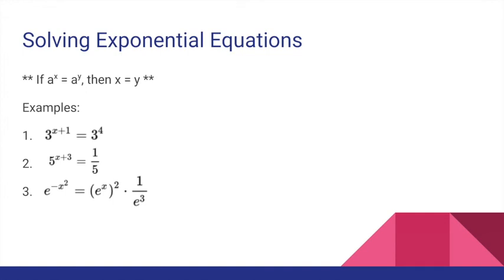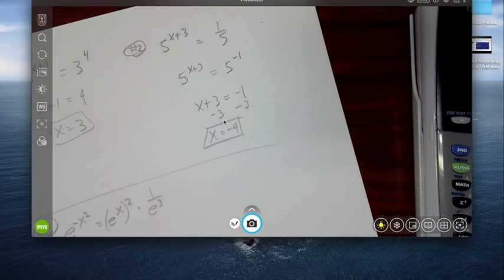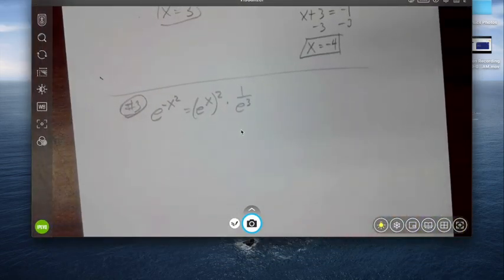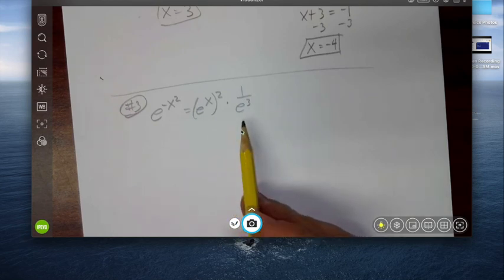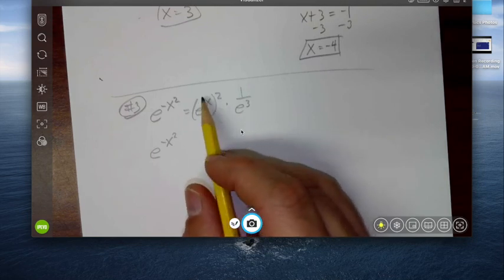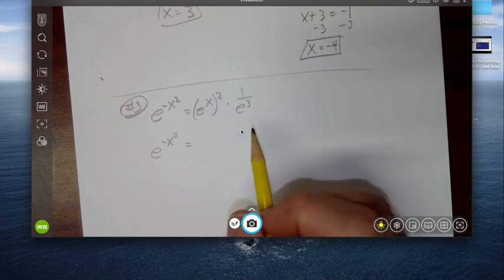e to the negative x squared equals e to the x squared times 1 over e cubed. So this one looks complicated, but it may not be. At least it may not be as bad as it seems. So let's see. I almost have the same bases here, but there's some kind of things going on that make this a little less obvious.